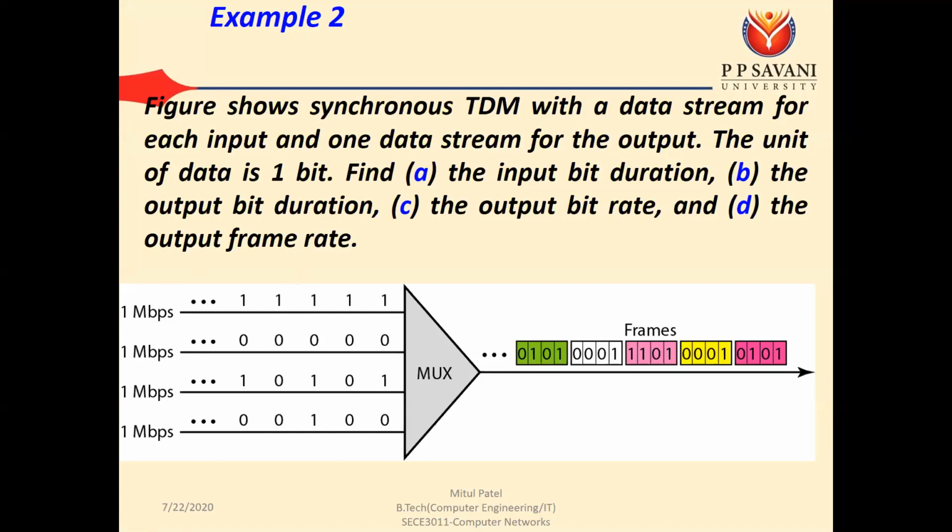The meaning of 1 Mbps is that 1 million bits are transferred in one second. That means to transfer 1 million bits it takes 1 second. Then how many seconds does it take to transfer one bit? So we can say 1 microsecond. 1 upon 10 raised to 6, so 10 raised to minus 6 second, or we can say 1 microsecond.